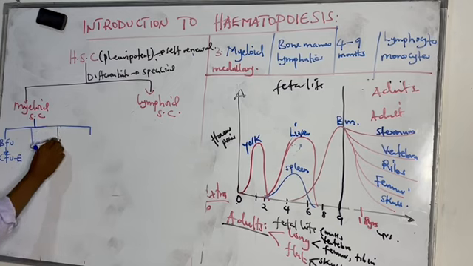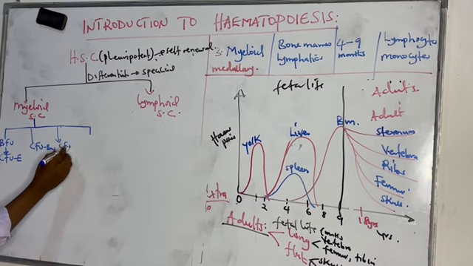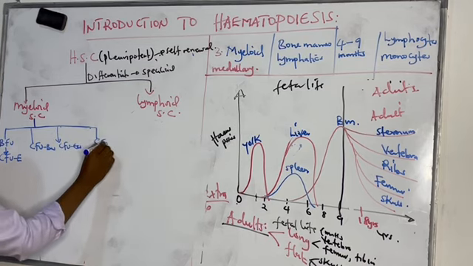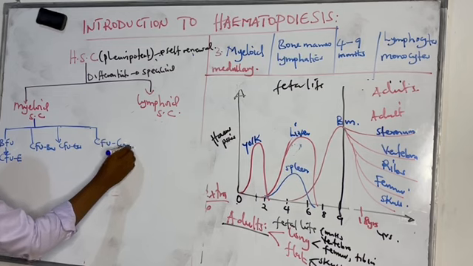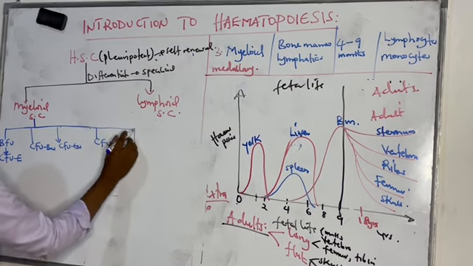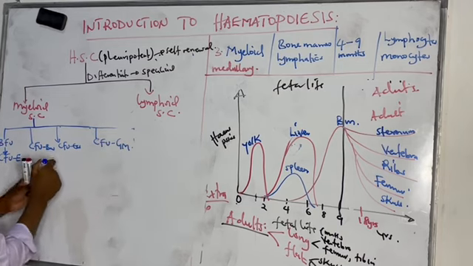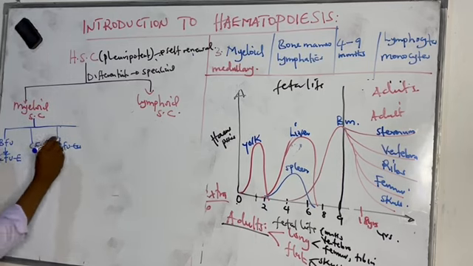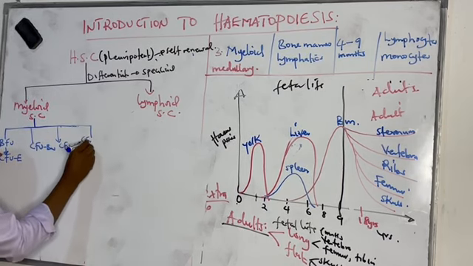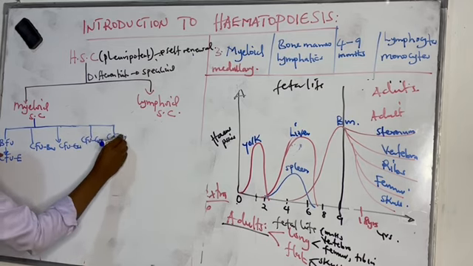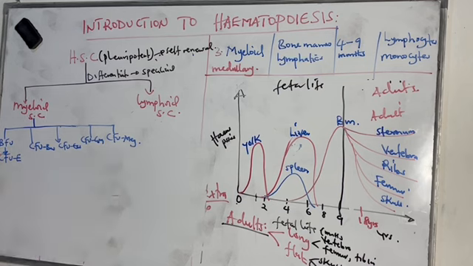Then there is also colony forming unit, eosinophil. There is also colony forming unit, GM. We have colony forming unit GM and colony forming unit MEG for platelets.